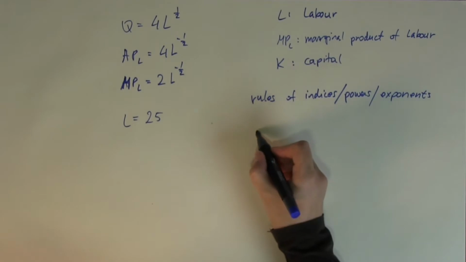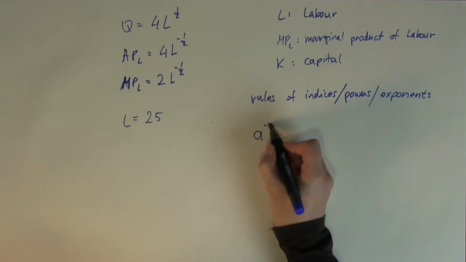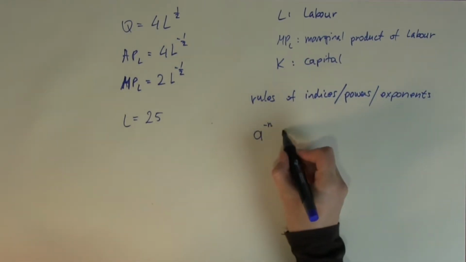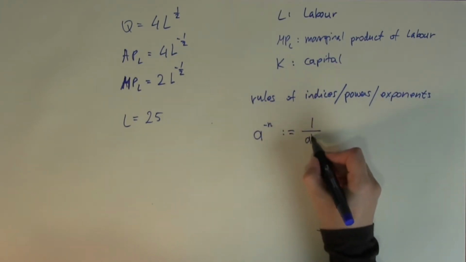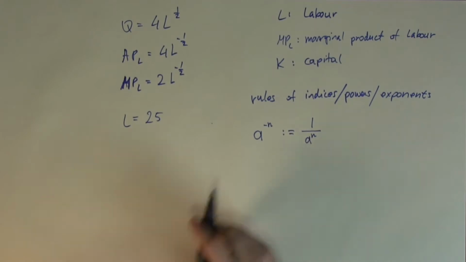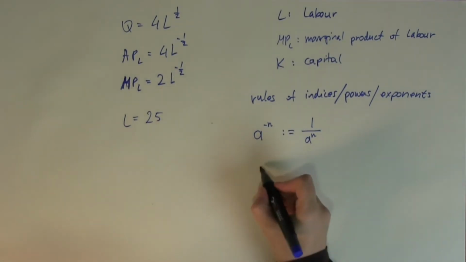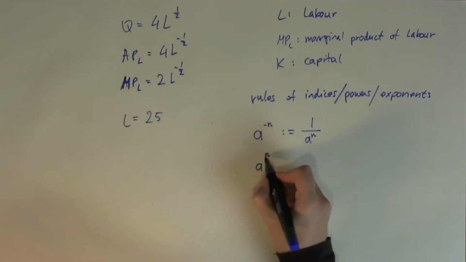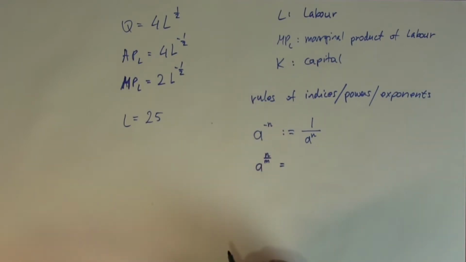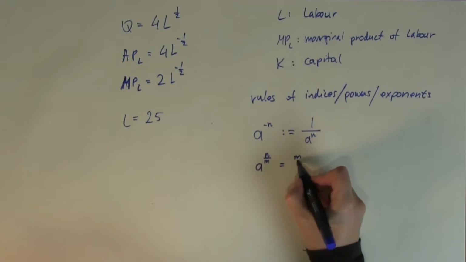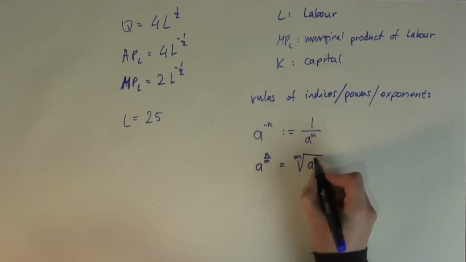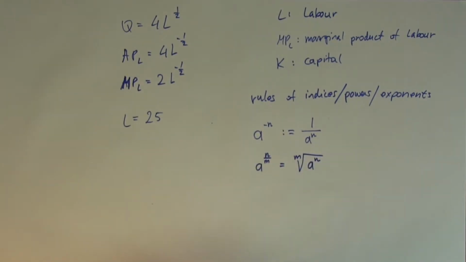So if I have got any number raised to a negative power, that is by definition exactly the same as 1 over the positive power of the same base. And if I have got a fractional power, that means that the bottom of the fraction represents the root and the top of the fraction represents a power.